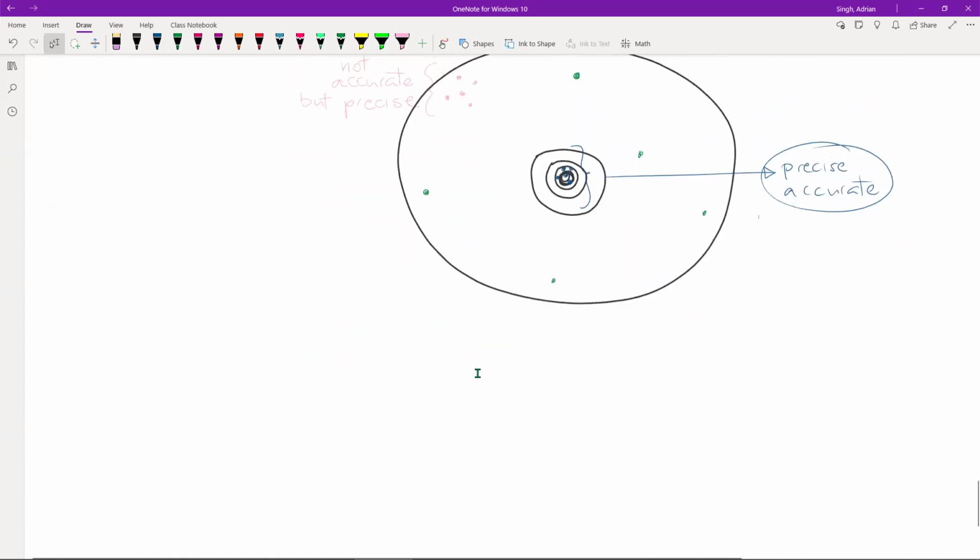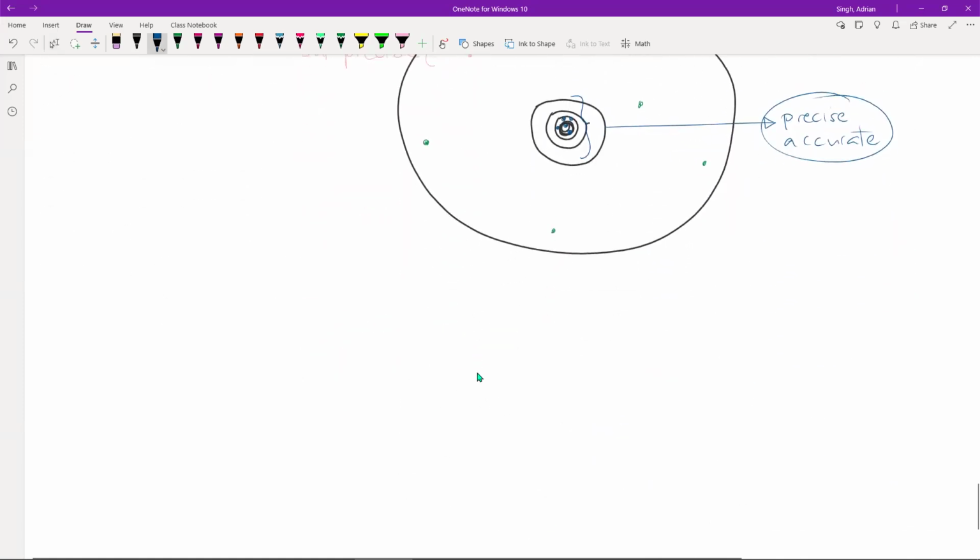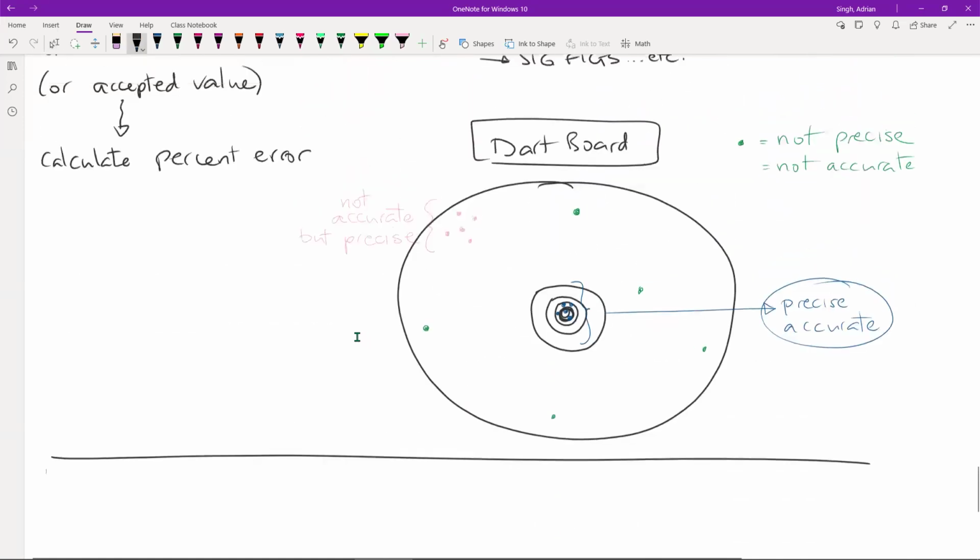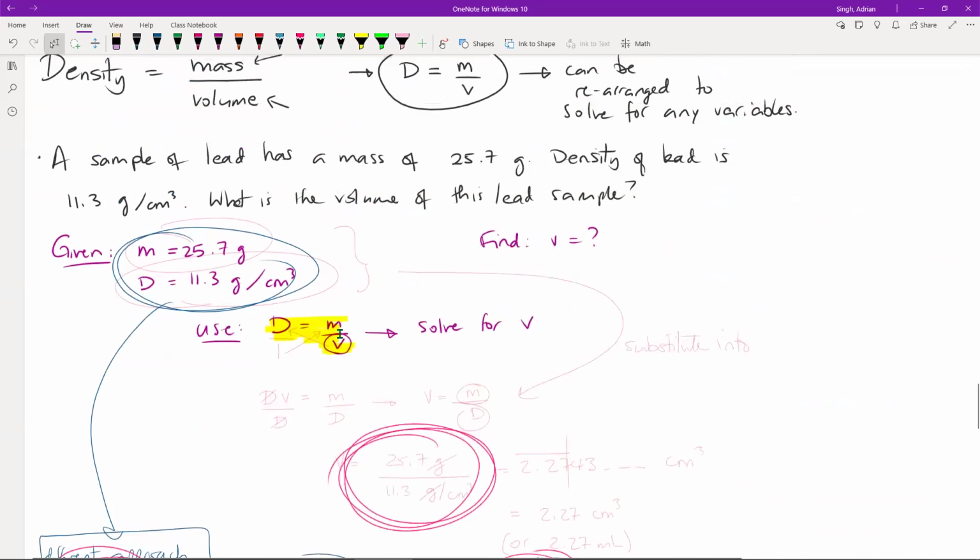Okay, so let's take a look at an example of one of these. So let's say we'll go back to the, what do we use here? The lead.